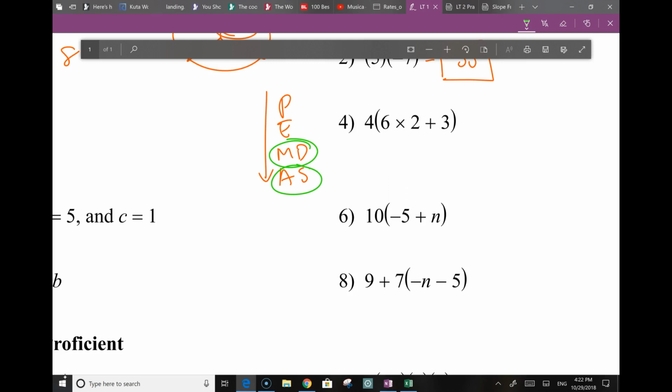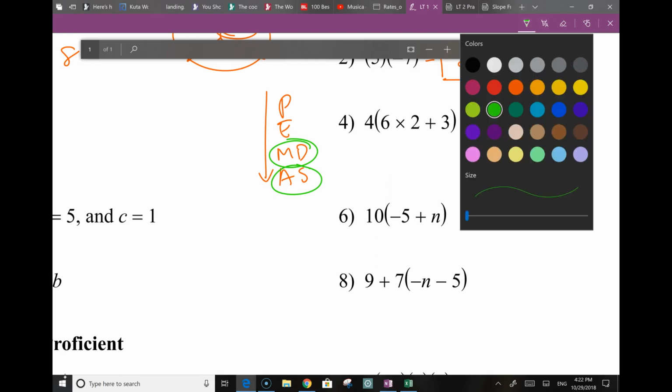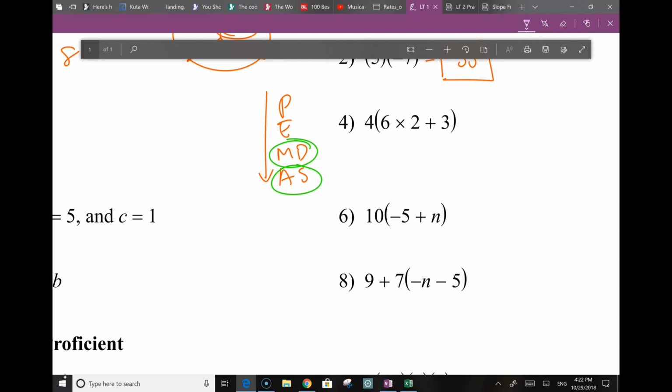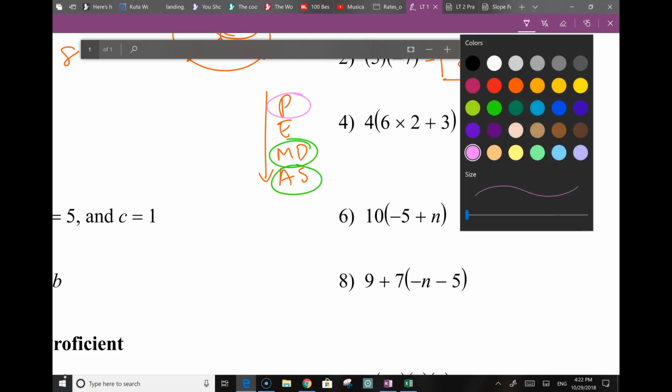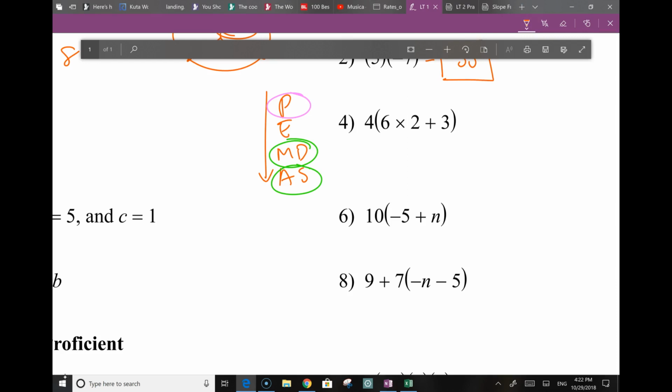When you go top to bottom, you see that the very first thing you have to do is whatever's in parentheses. So that means I need to combine everything inside first. And between multiplication and addition, because multiplication is higher on the list than addition, this has to be done first.